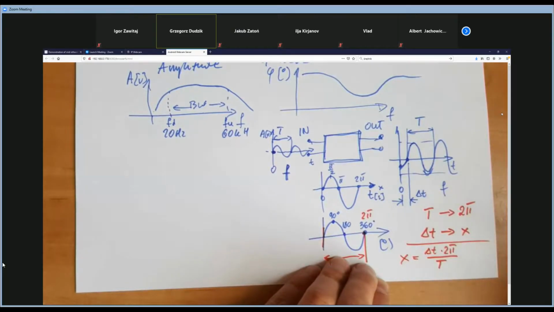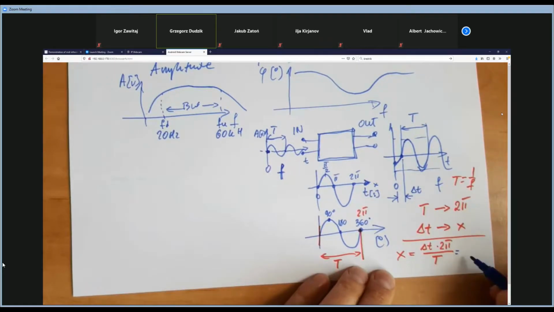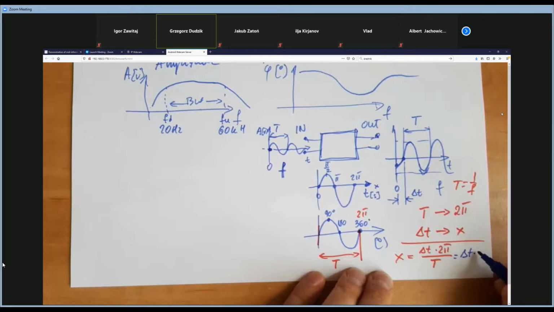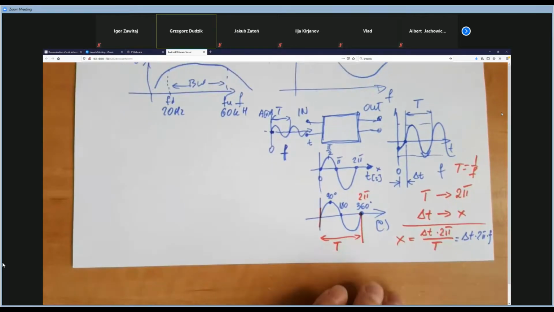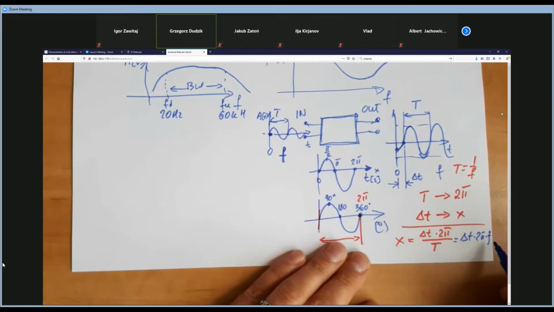T is equal to 1 over f. So we can write it also in that form. The x is delta t times 2 pi times frequency. Okay, it is the same.